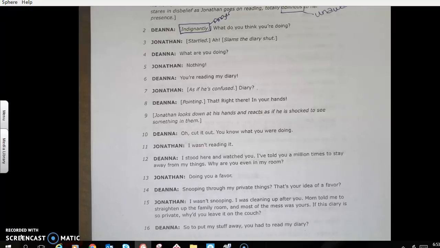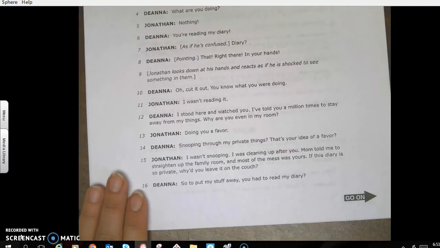Deanna: I stood here and watched you. I've told you a million times to stay away from my things. Why are you even in my room? Jonathan: Doing you a favor. Deanna: Snooping around my private things? Like, that's your idea of a favor. Jonathan: I wasn't snooping. I was cleaning up after you. Mom told me to straighten up the family room, and most of the mess was yours. If this diary is so private, why'd you leave it on the couch? Deanna: So to put my stuff away, you had to read my diary.